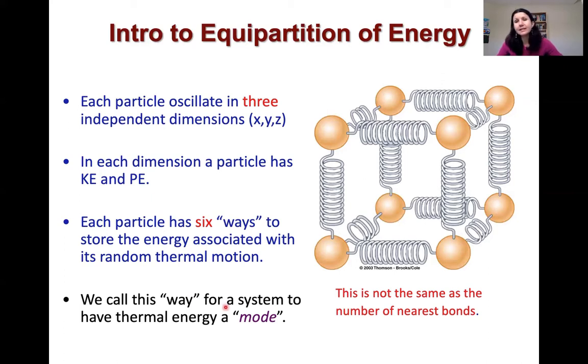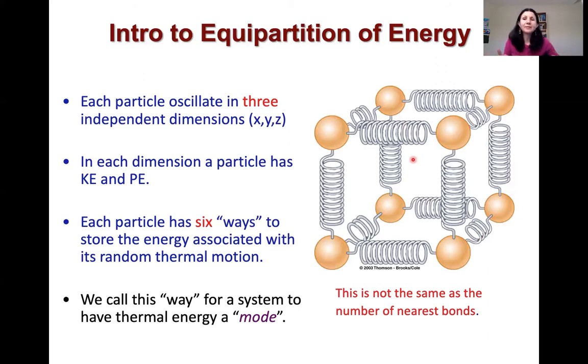So in this case, for our three-dimensional solid, it's not only potential or kinetic energy that matters, but it also matters the direction. So the dimension. So all that energy can either be kinetic or potential energy in the X, Y, or Z direction, and the equipartition of energy tells us that each type of energy will get the same amount of energy when we add it.